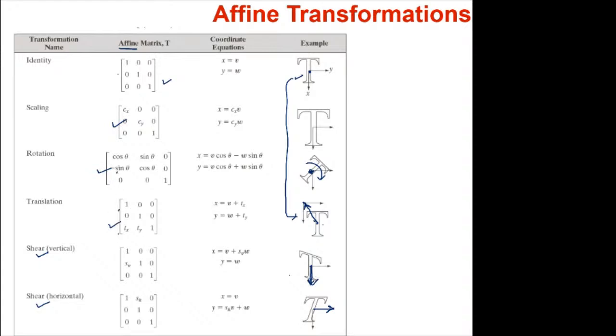This is for rotation. This is for shearing, and this is also for shearing about this axis. By defining these matrices, we can find out the new coordinates of a pixel if we know the old coordinates of a pixel.